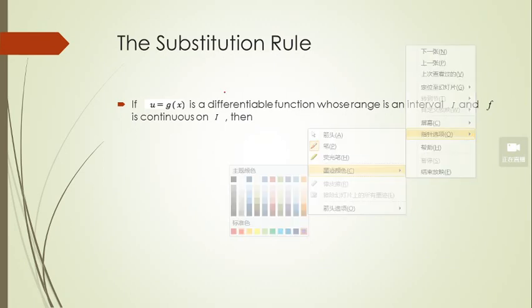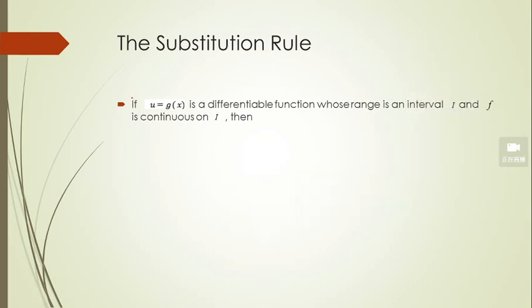In the previous example: if u equals g(x) is a differentiable function whose range is an interval I, and f is continuous on I. Of course u is a function of x and should be differentiable, and f is a continuous function.